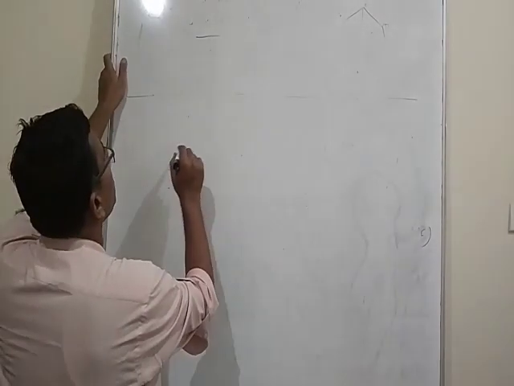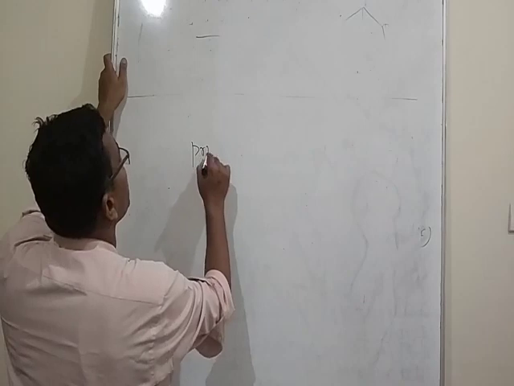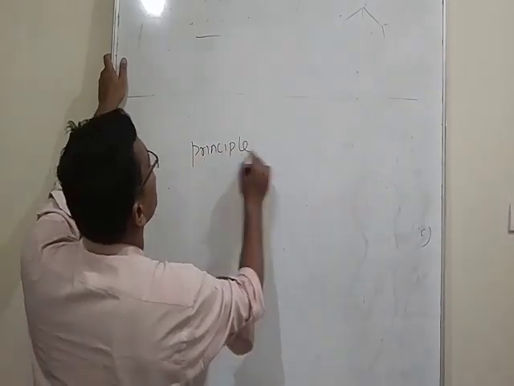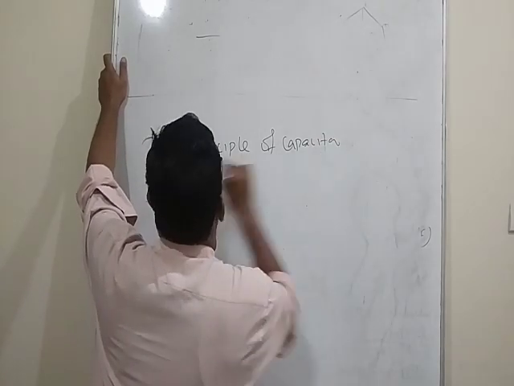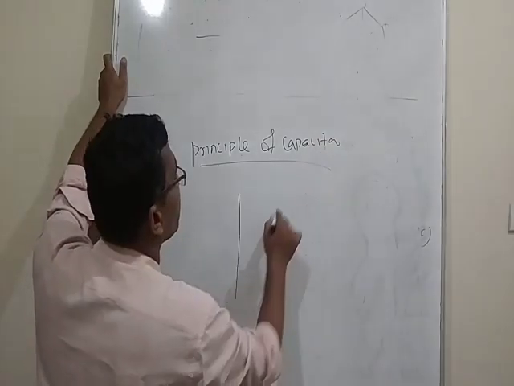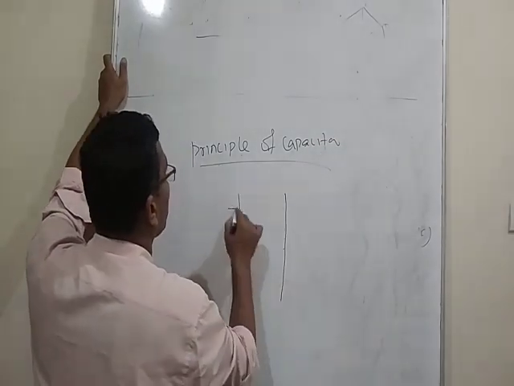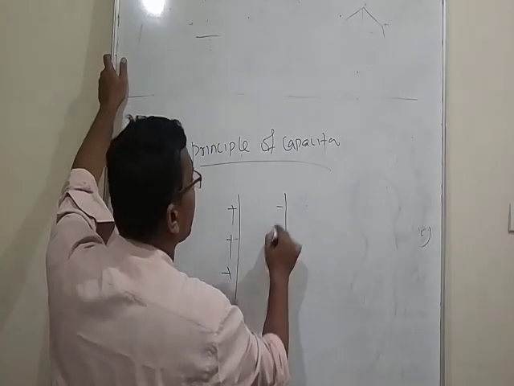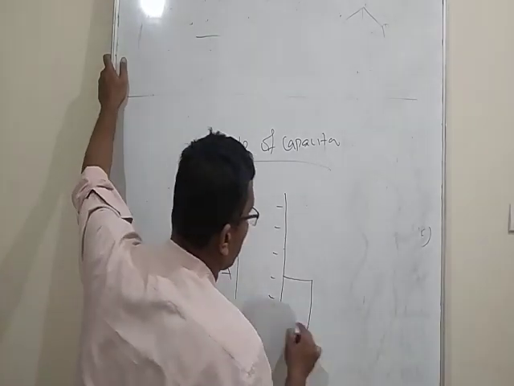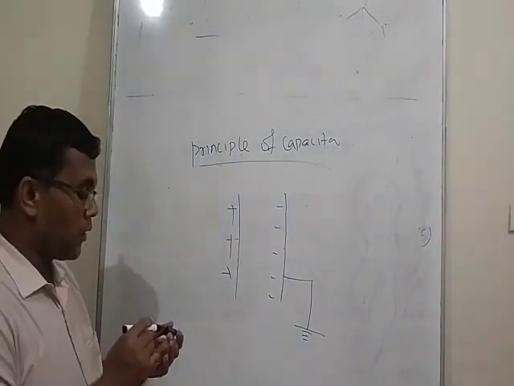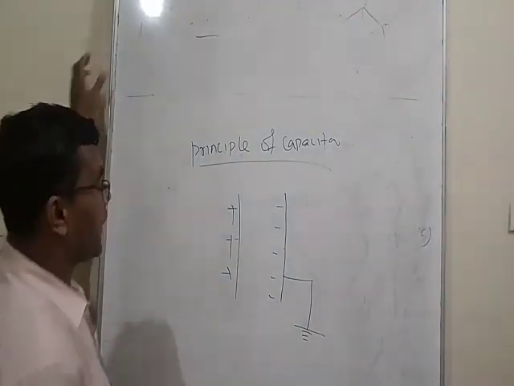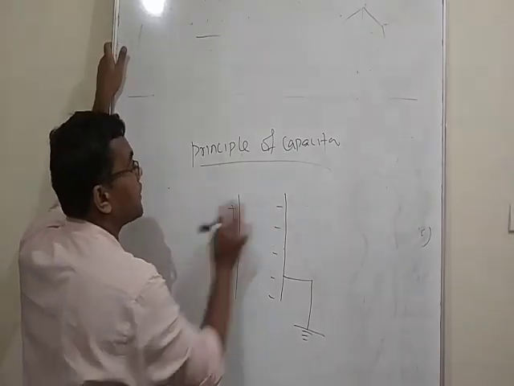Now come to the principle of a capacitor. If one of the plates of a capacitor is earth connected, then the capacity of the system increases.